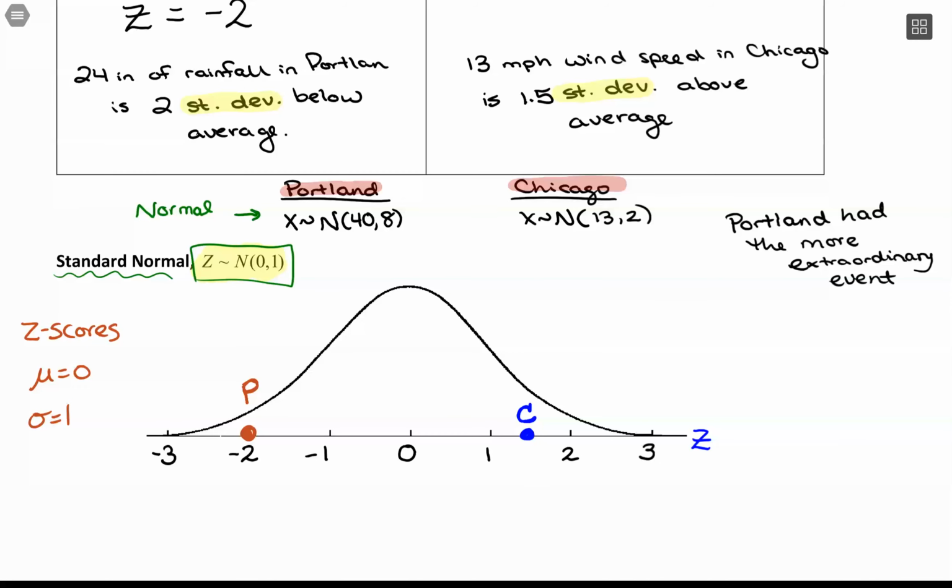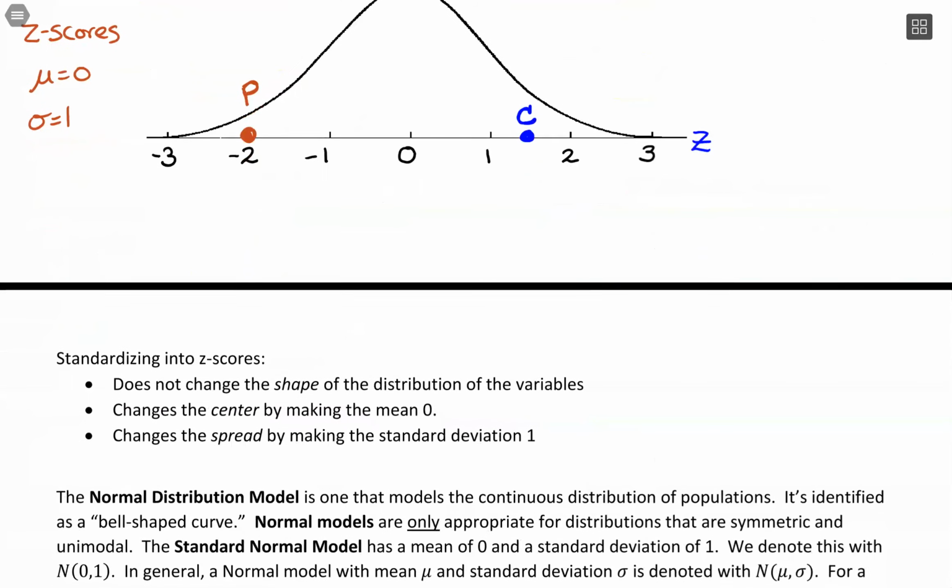So just be careful. All right, so standardizing into z-scores, the shape doesn't change, meaning if our original populations were bell-shaped, when we make z-scores, it's still bell-shaped. Center becomes 0, so we have a mean of 0. Spread, in terms of standard deviations away, becomes 1.